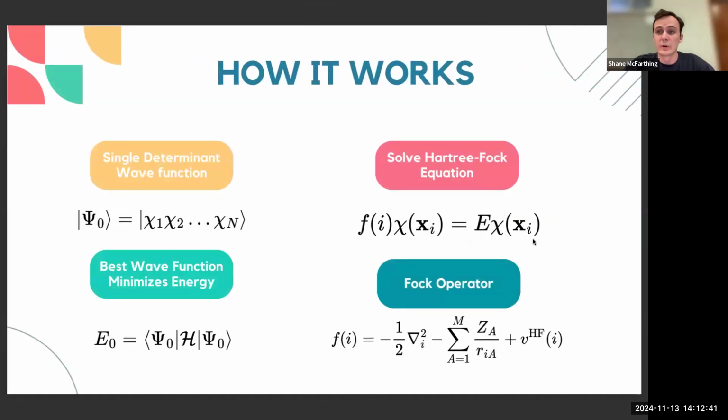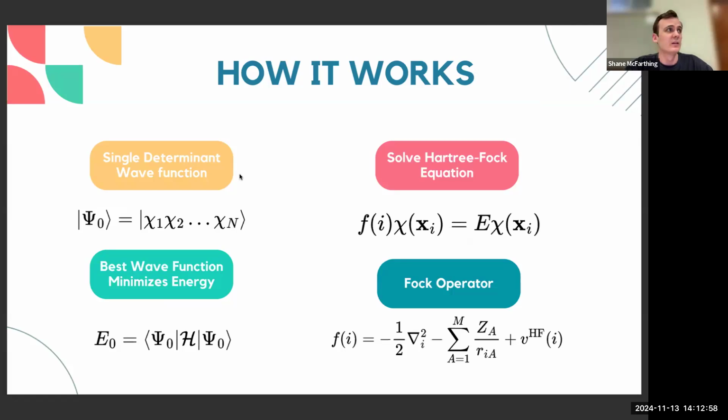So when we look at exactly how you use this method, it's broken down into how do we define the wave function, what are the equations that we're trying to solve, and how are those defined in this mean field approximation. So the first thing we'll start off by taking a look at is the wave function form itself.